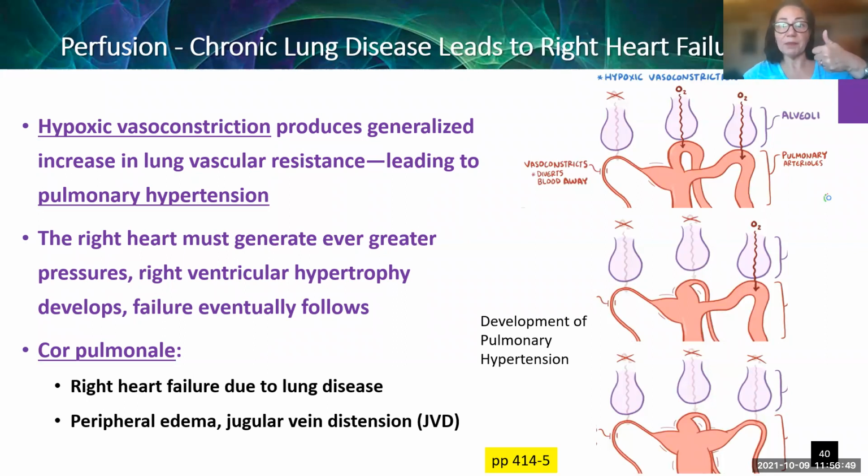That's going to jack up the pressure in those vessels. And where did that blood come from? The right side of the heart. So the right side of the heart now, all of a sudden with its thin ventricle and everything, has to beat so hard to push the blood through.